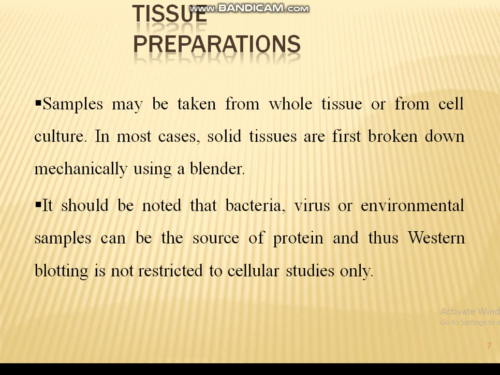Now, talking about the first step, that is preparation of the tissue. Samples may be taken from whole tissue or from cell culture. In most cases, solid tissues are first broken down mechanically using a blender. It should be noted that bacteria, viruses, or environmental samples can be a source of protein, and thus Western blotting is not restricted to cellular studies.